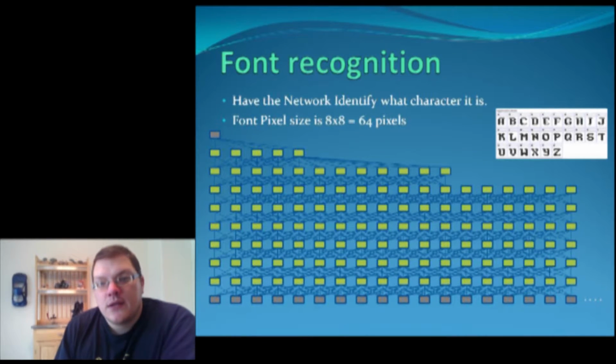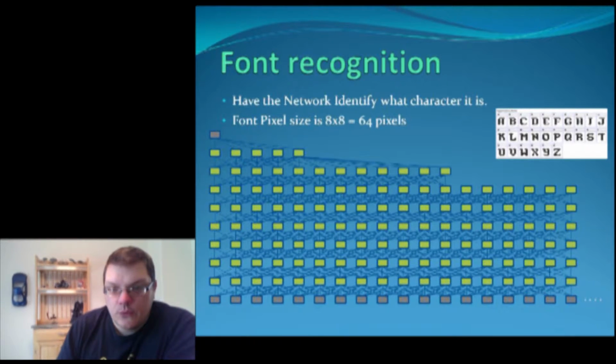And so for A, we would go through the same process as the 3-color process. We would give it each pixel, we'd feed it into the network, we would see what the output is, and then we would feed it B and say this is a negative result.